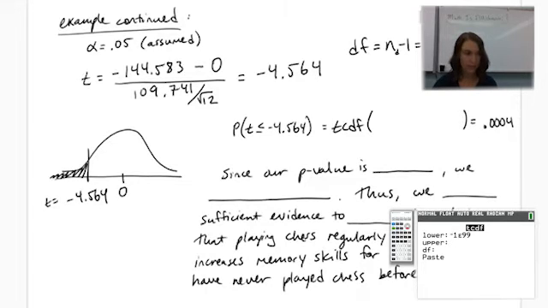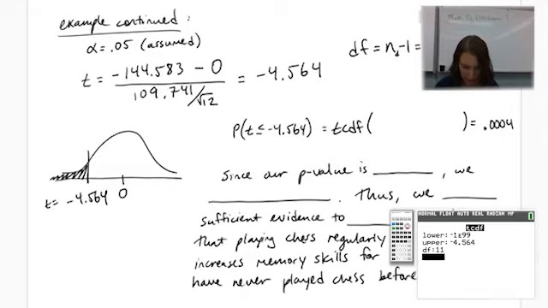My upper value is going to be negative 4.564 for my t value. My degrees of freedom is 11. And then I paste. So I'm going to write this in before I paste. I've got negative 1 times 10 to the 99th, and then I have negative 4.564 and 11.